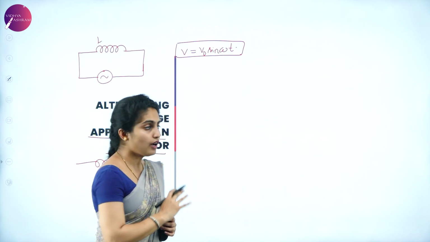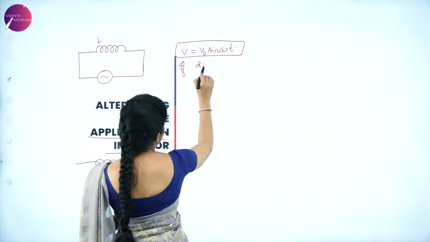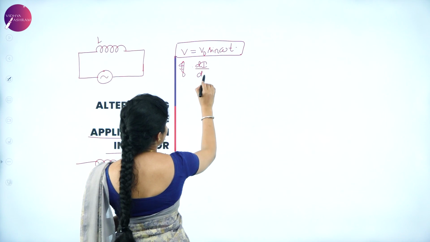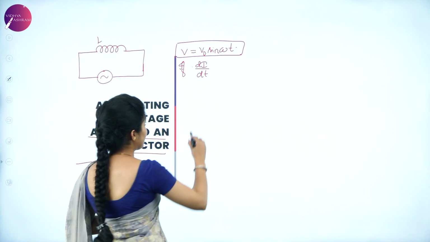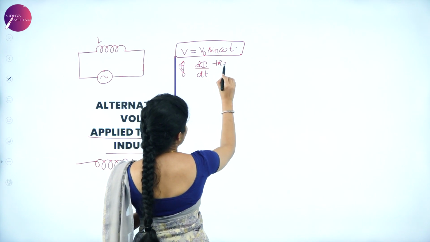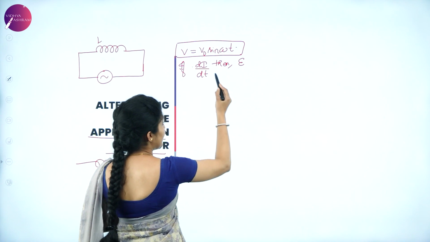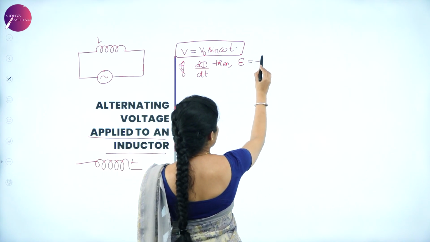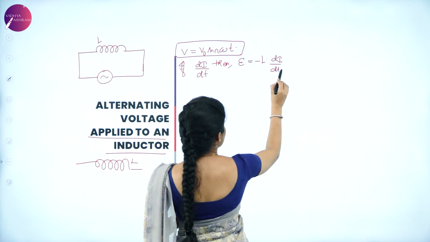Now, if di by dt is the change in current with respect to time, then we have the equation EMF is equal to minus L into di by dt.